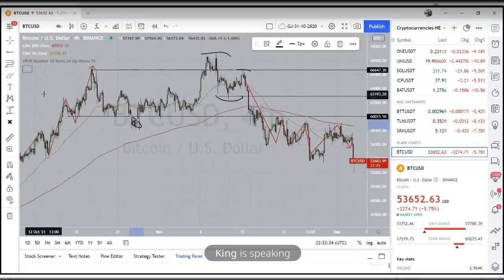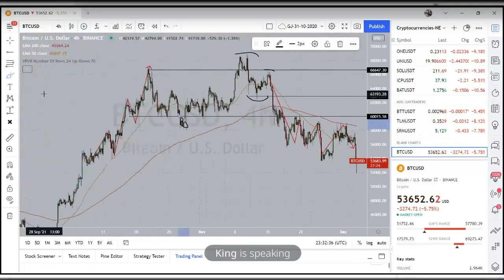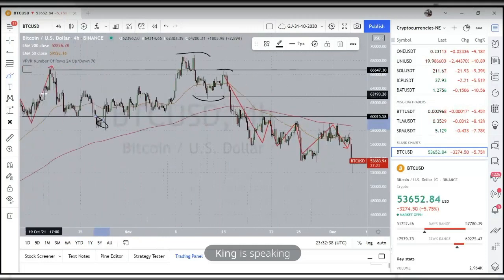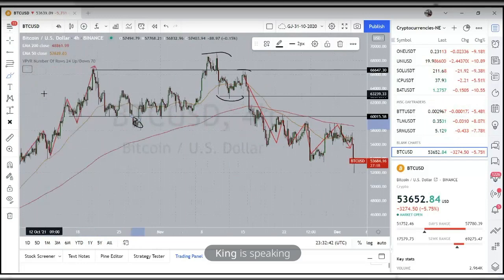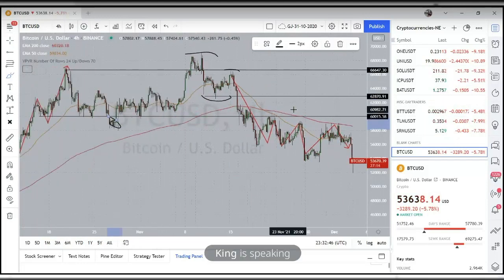I can't remember where I sold for lower. I want to say I've recently been in a short from about 60K, just like 60.6. I've been out of that though. I got taken out of that. My profit target was hit at 53K.